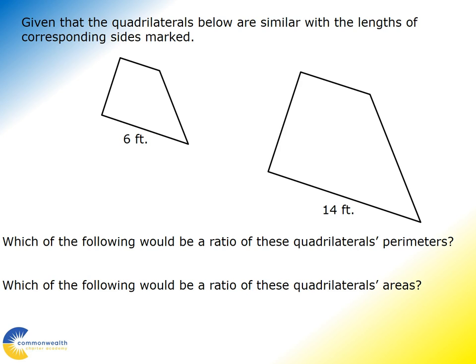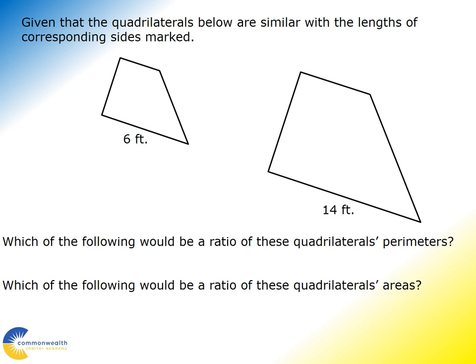I am told that they are similar, which means that when I see corresponding sides, they should all have the same proportion. Now, those proportions will carry over to the perimeter, and those proportions will help us figure out the proportion of the quadrilateral's areas.